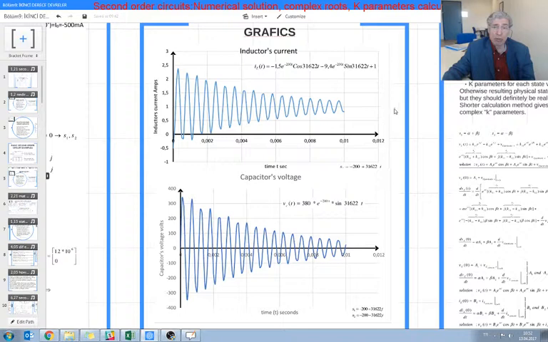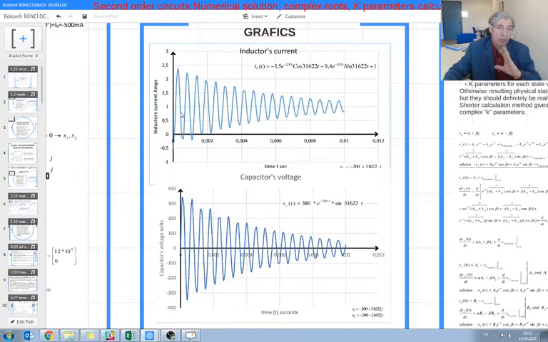Okay, another thing that we could check: the inductor current must start from the initial condition of the inductor, which is minus 500. So here you are, minus 500, it starts from that point. There is no instantaneous change in the inductor current, isn't it? Before that, the inductor current was equal to this, so from that point it goes up.